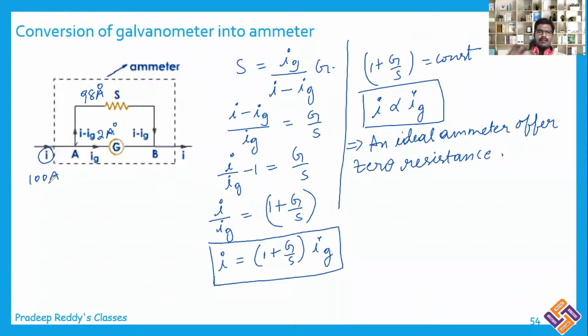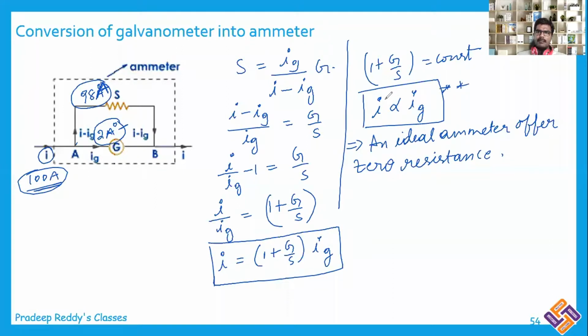Therefore, the current which you are measuring in the ammeter is this current, 98 ampere, which is nearly equal to the current entering the ammeter. And as the current is not offered any resistance, the maximum amount of current is passing through, and that current is measured in terms of Ig. Ig is 2 ampere.